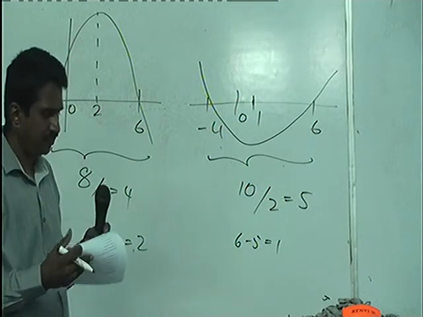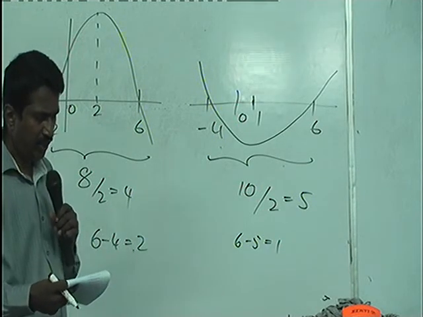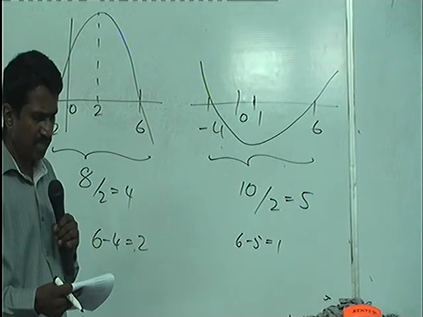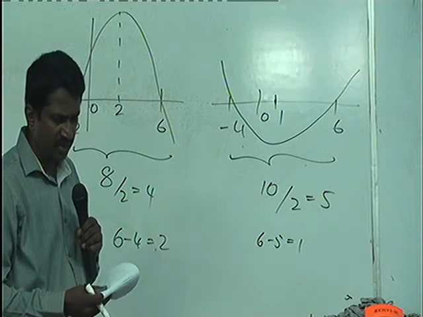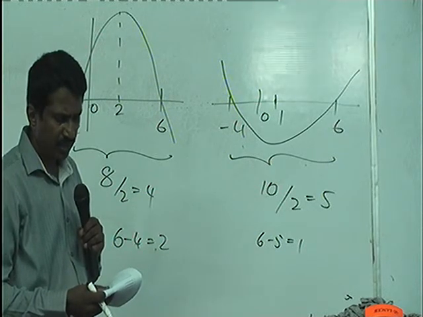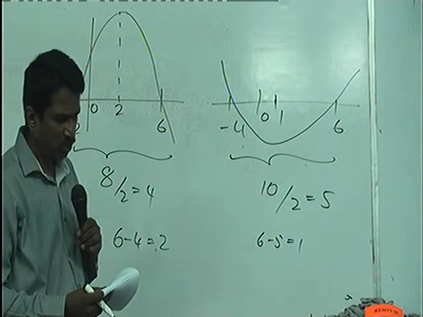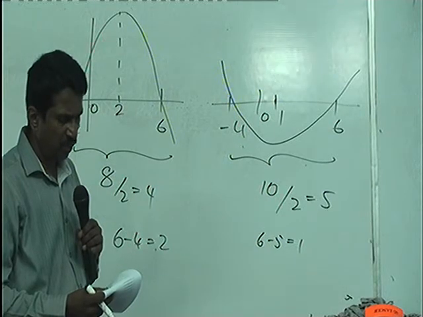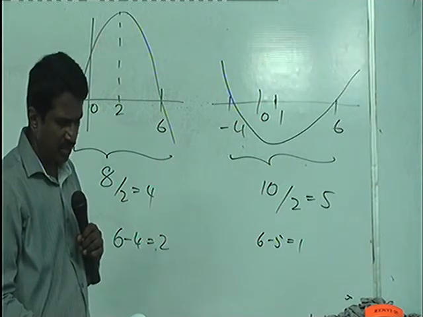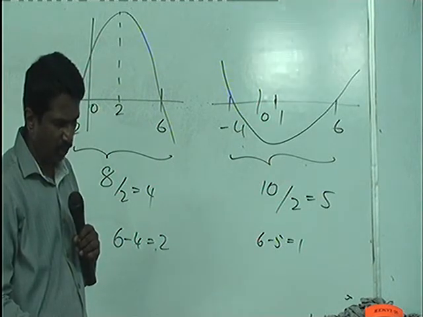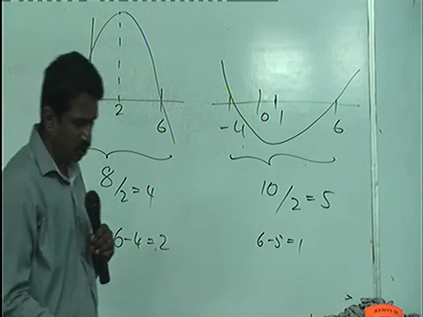Question number 3. A quadratic function has a maximum point. They have given that it's a maximum point. It cuts the y-axis at -2.